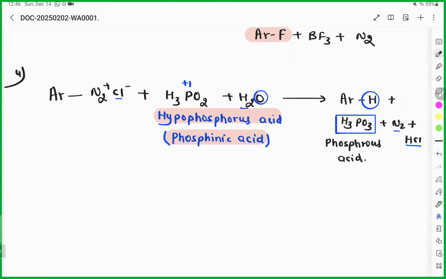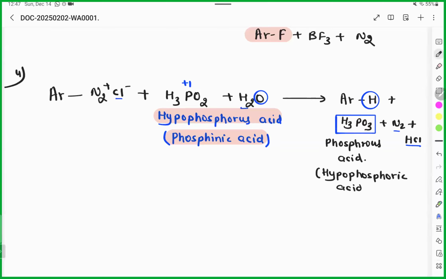If you reduce one oxygen, it is hypophosphorus. And another name of phosphorus acid is hypophosphoric acid.